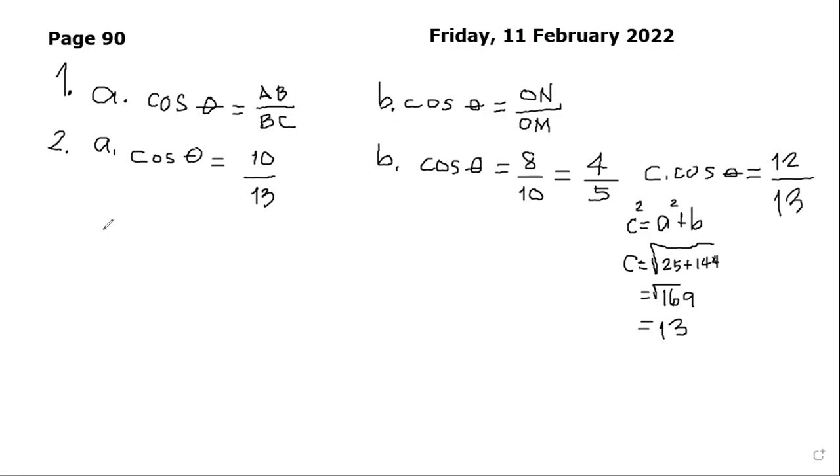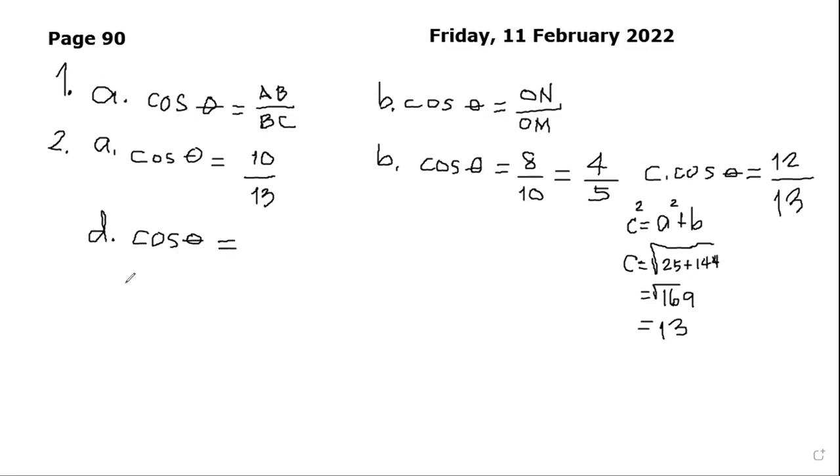Okay. Letter D. The same. You don't know the hypotenuse. So we use the Pythagoras theorem. We need to solve for the hypotenuse.